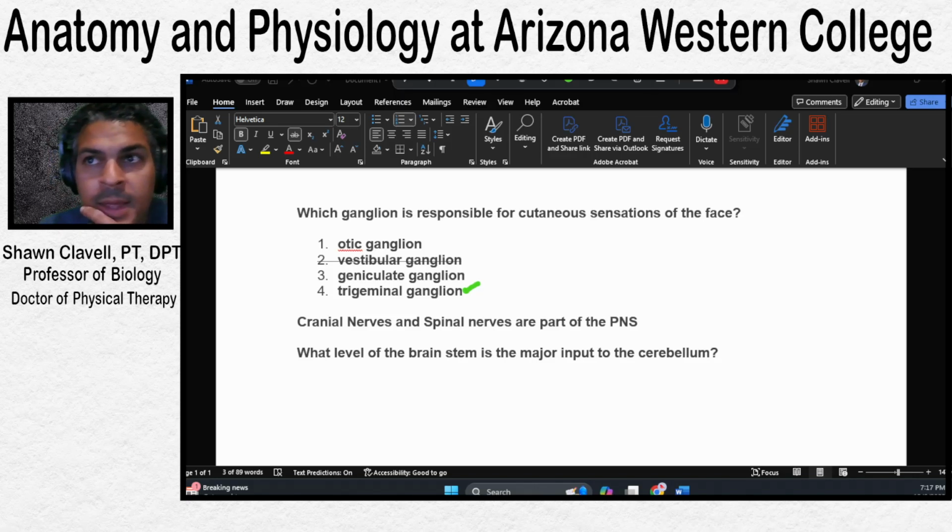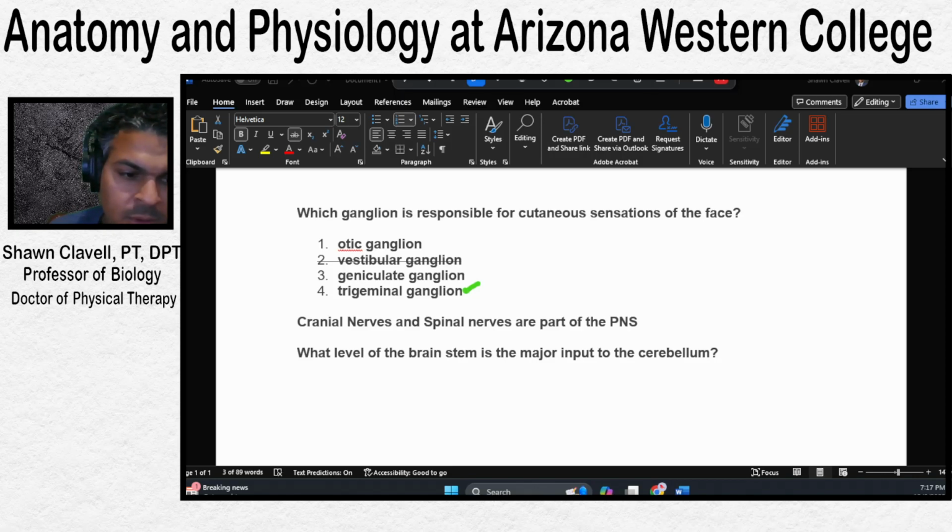There. The next one is the geniculate, and I'm pretty sure the geniculate nuclei is in reference to the visual pathway, or we can even do the otic. I think otic might be a quick one to find here.